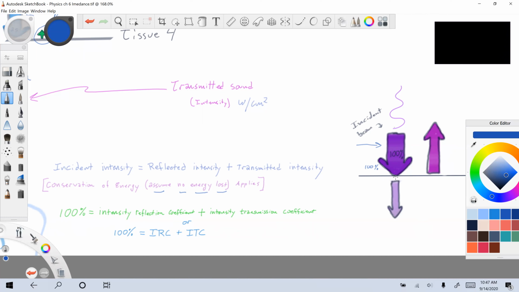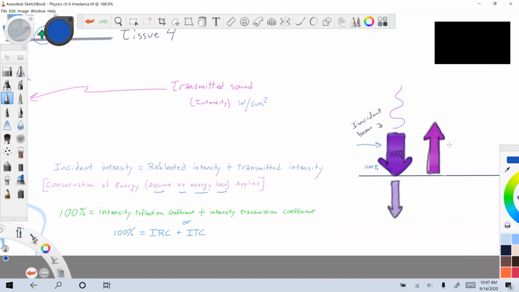As it hits this interface, a certain amount is reflected, and another certain amount is transmitted. Now, I'm not sure why I drew it like this, because normally in biological tissue the reflected sound is much smaller than the transmitted.